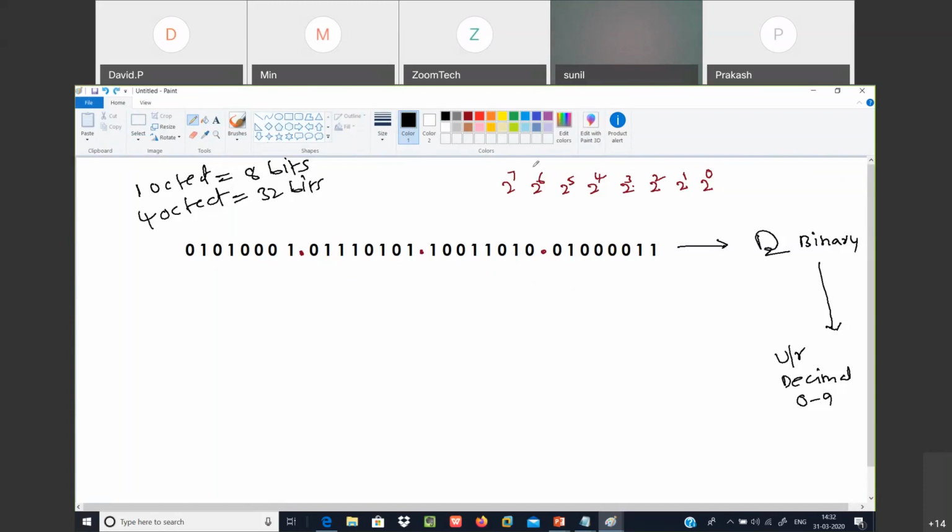Here 1, 2, 3, 4, 5, 6, 7, 8. What is the value of 2 power 0? Any number power 0 is 1. 2 power 1 is 2, then 4, 8, 16, 32, 64, 128, which is 2 power 7. These are all the values.